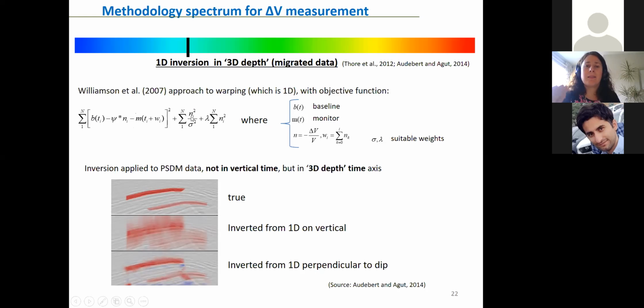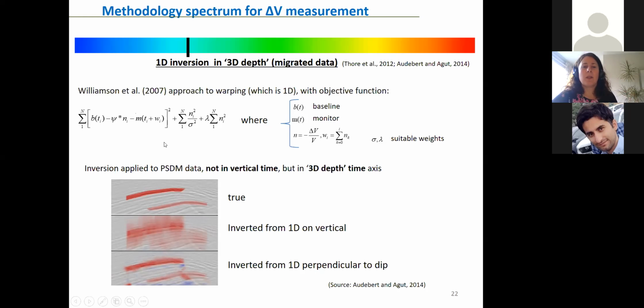So this is an improvement over the time shift to change in velocity equation, in the sense that they not only look at the kinematic aspect between baseline and monitor, but they're also looking at the dynamic aspect. So a change of reflectivity between baseline and monitor due to this velocity change in the subsurface.